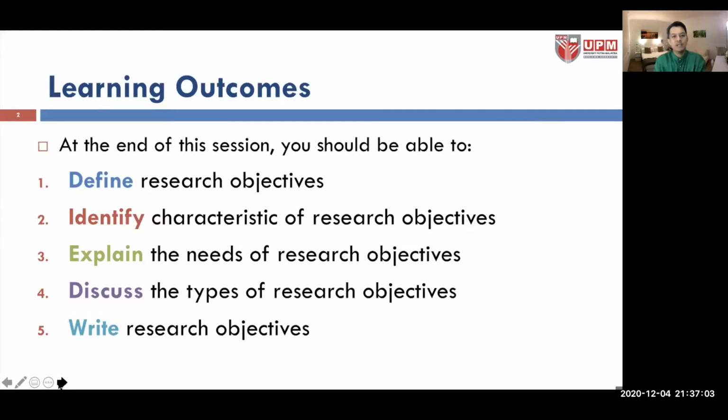Basically, in terms of the learning outcomes, at the end of this session, you should be able to define the research objective and then be able to identify the characteristics of research objectives, and you should also be able to explain the needs of research objectives, discuss the types of research objective, and finally write research objectives.